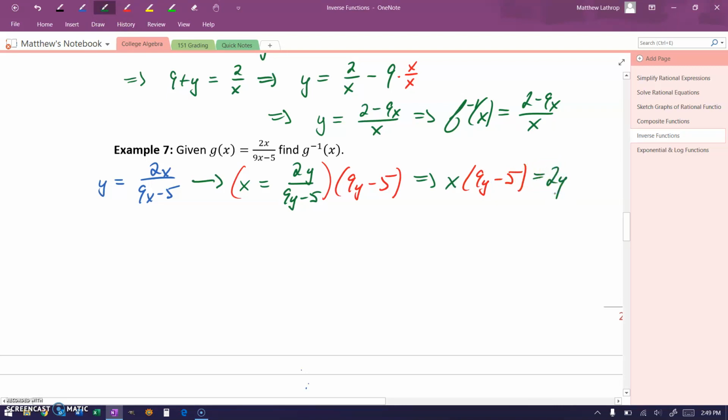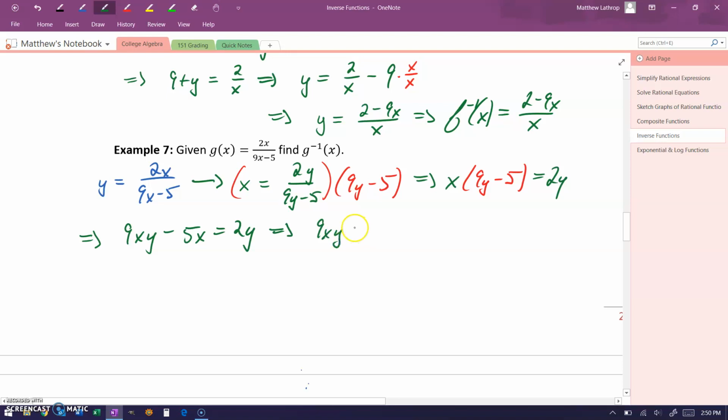is equal to 2y. Distributing through on the left-hand side will give us 9xy minus 5x is equal to 2y. From there, we'll look at collecting all of our y terms on one side of the equation.